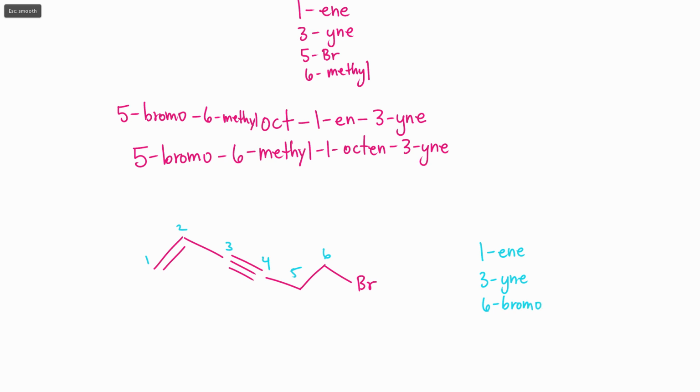Okay, our longest chain is 6 carbons. So we're going to have 6 carbons, which is hex. And I can write 1-en.